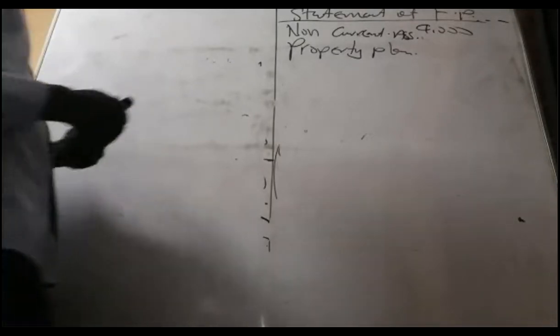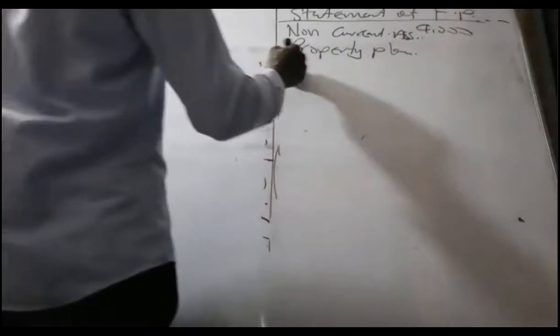So leave at least 2 to 3 lines. 1, 2, 3. I come and line it like this. I'll not write anything there. So I'll leave 2 and a maximum of 3 lines there and align it.